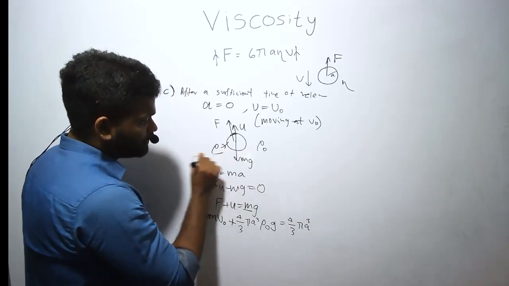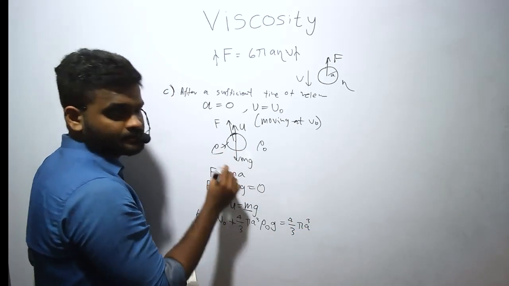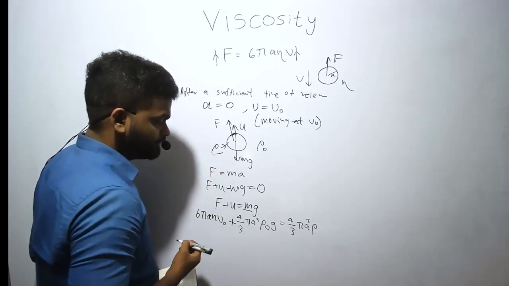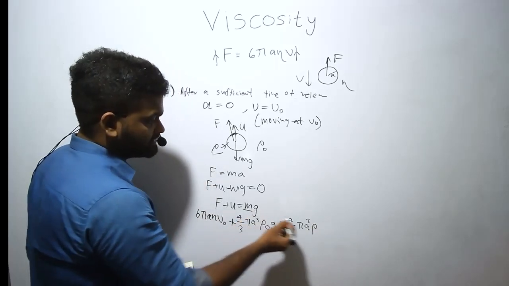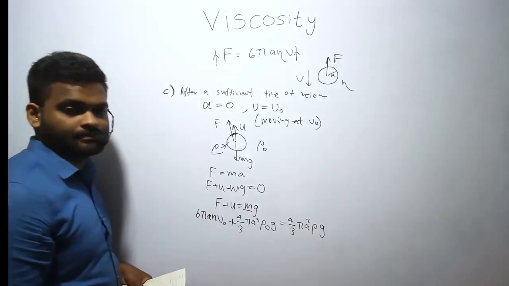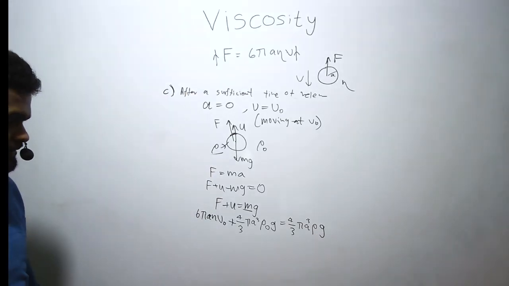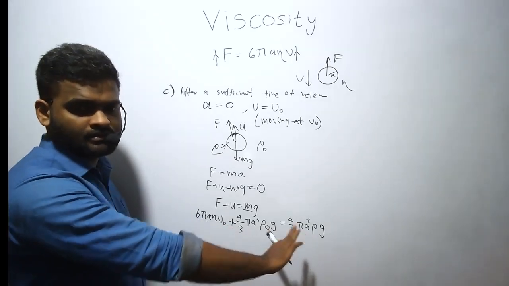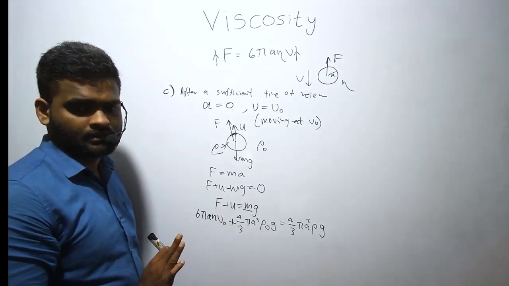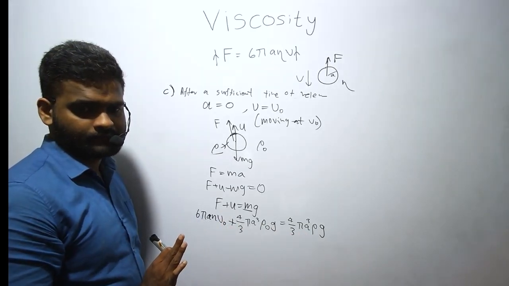Rho means now density of the object. Rho. So that is mass times G. Right? Did you understand this equation? Thumbs up, right? Okay.